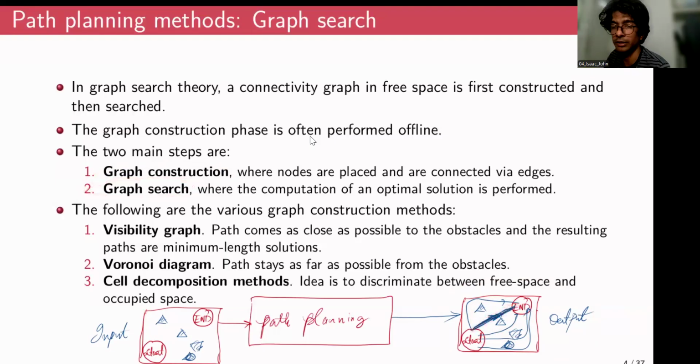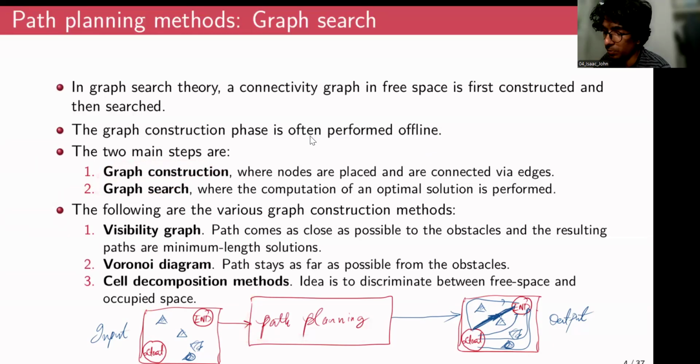Finding out the optimal trajectory, that we call graph search. Right, so we'll discuss the methodologies for constructing the graph, or graph construction, and graph search. These two together constitute the entire path planning algorithm.